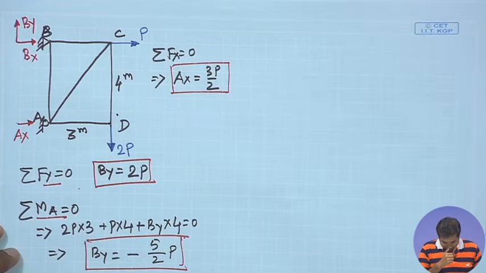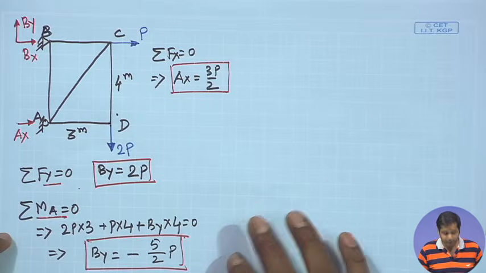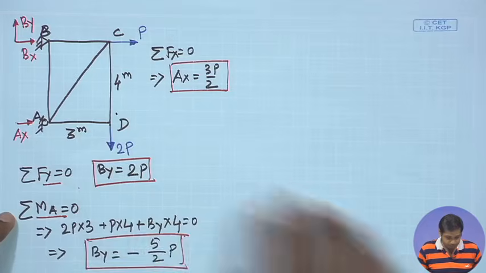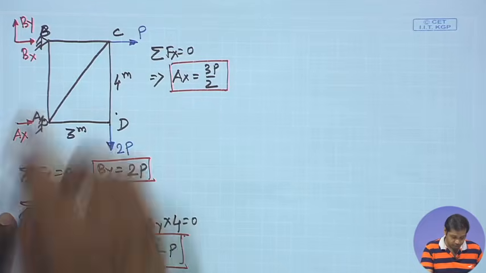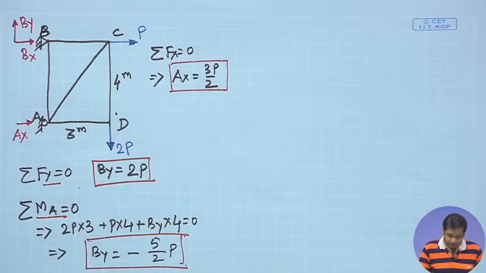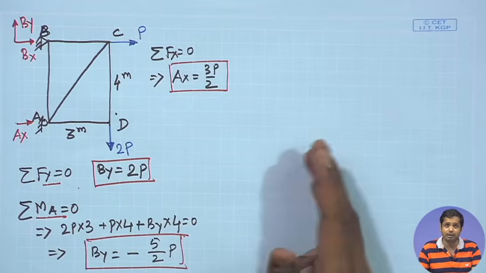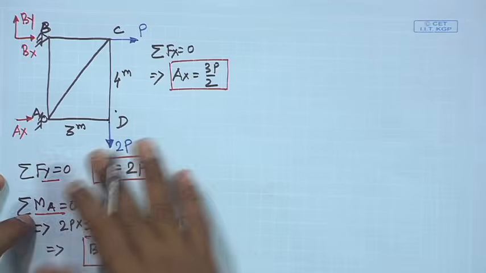We have already discussed the method of sections and the method of joints. We can apply any method to find the forces in these members. But before we actually use any method and do the calculation, just by inspection let us find out whether we can get some information about some of the members.